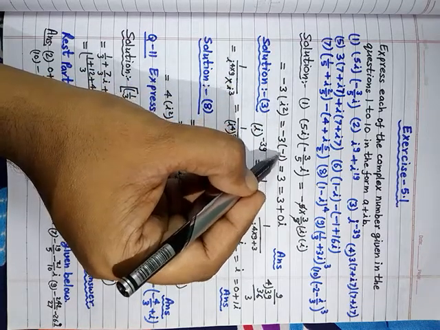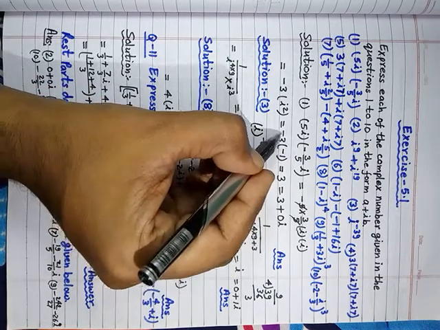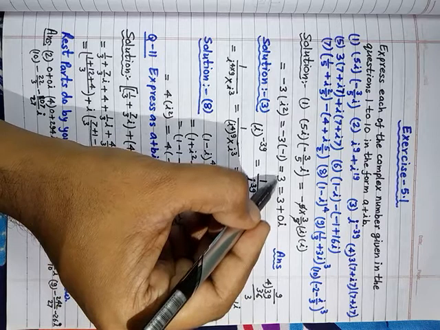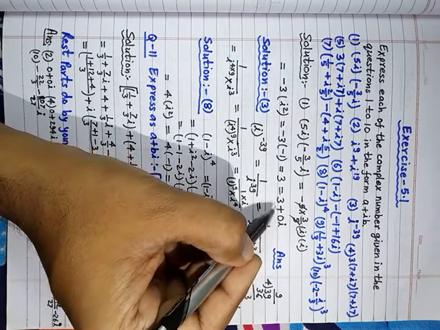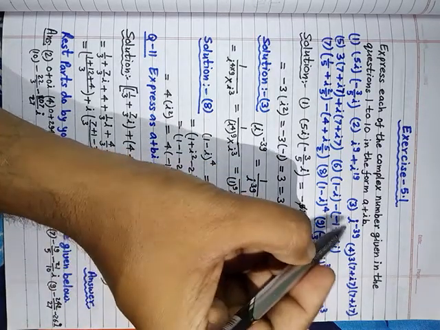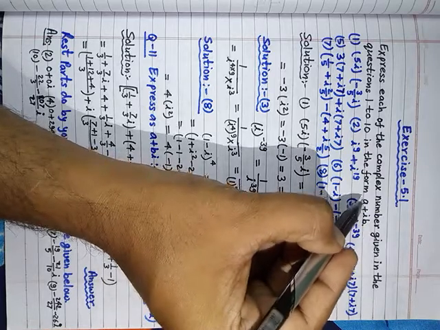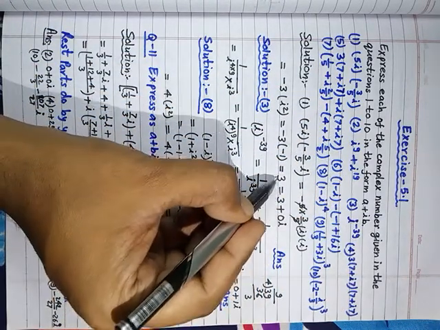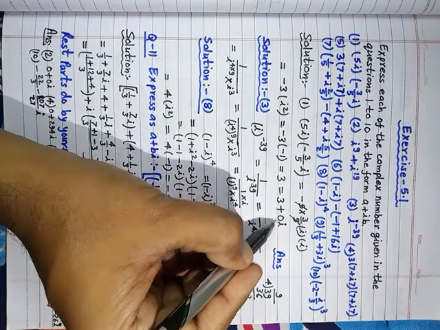Minus 1 into minus 3 is equal to 3. And it may be represented as 3 plus 0i, because in the question it says you have to express each number in the form a plus ib. So 3 may be represented as 3 plus 0i.